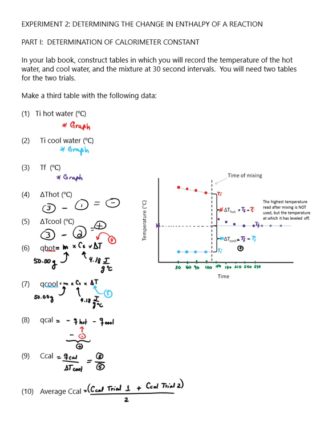Remember, you have the amount of heat that the hot water is losing, the amount of heat that the cool water is gaining. So the amount of heat that the calorimeter is absorbing should be the difference between those two numbers, hot losing, cool gaining. If it didn't move from the hot water to the cool water, it means that it was absorbed by the calorimeter.